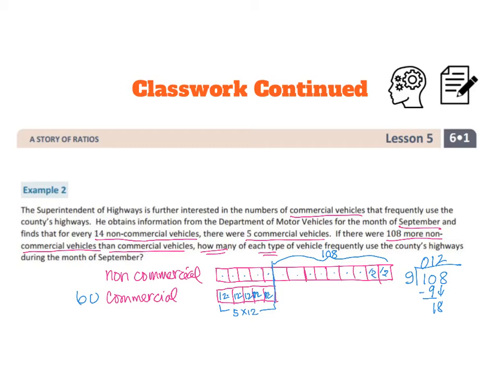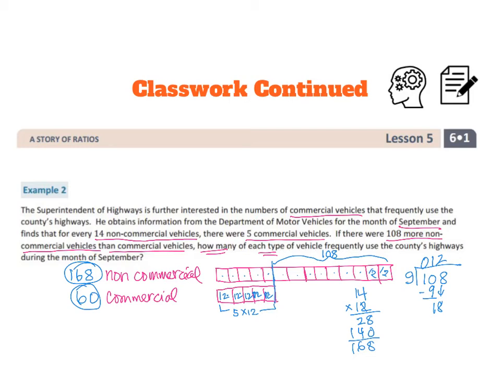So 60 commercial vehicles, okay? Then I've got, this whole thing is 14. So 14 times the 12, the value of each of those. So there's an 8 and a 2 and a 4 and a 1. 168 non-commercial vehicles, because I have to figure out this.